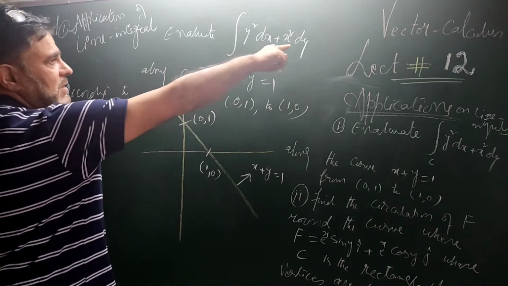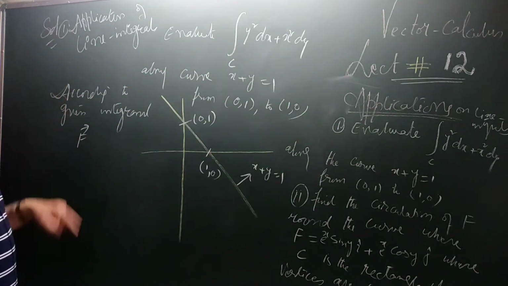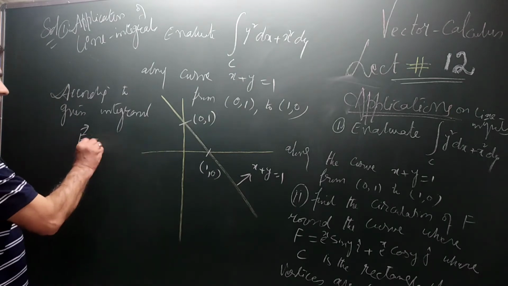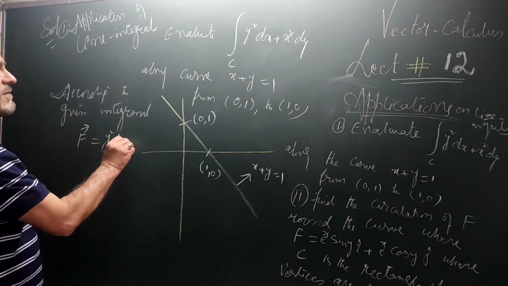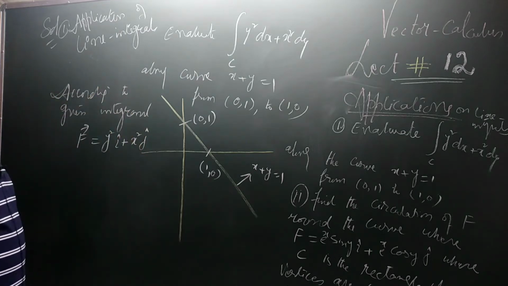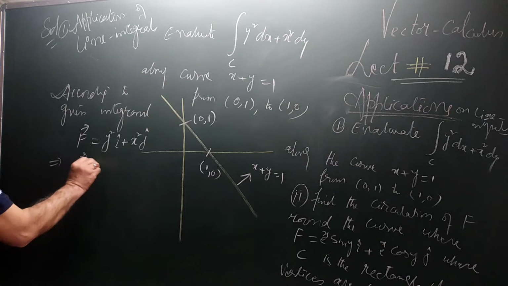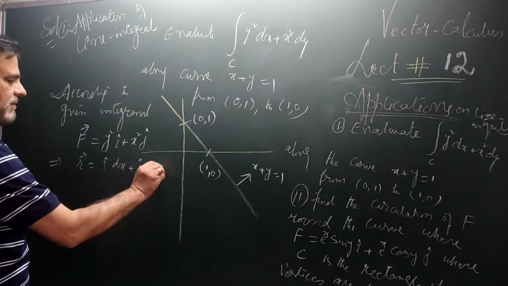So I write this. This is the integrand. So what will be the corresponding vector function? It will be f equal to y square i plus x square j. Accordingly, dr will be i dx plus j dy.